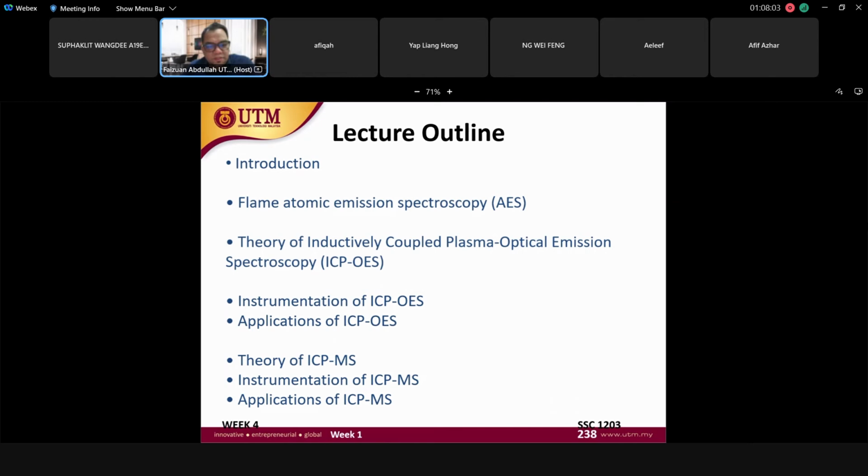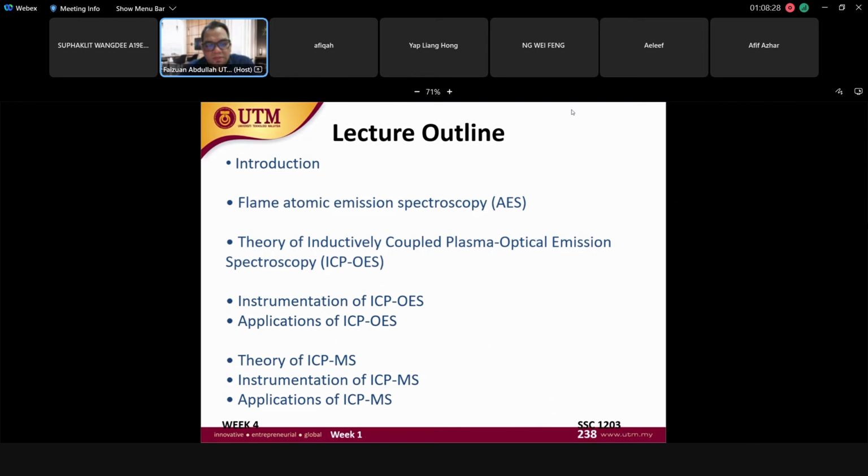Okay, what is ICP? We have ICP OES, ICP MS, right? So ICP is the inductively coupled plasma. Now the sample is not being transformed into atoms like AAS and AES, but transformed into plasma at a much higher temperature. And for detection, we can have two types of detection using ICP.